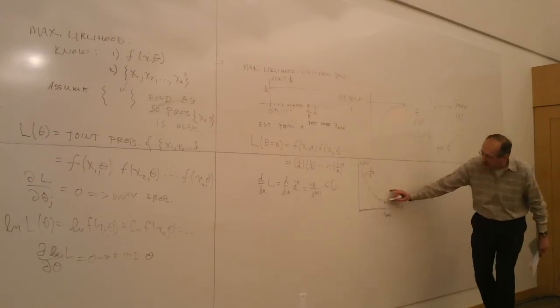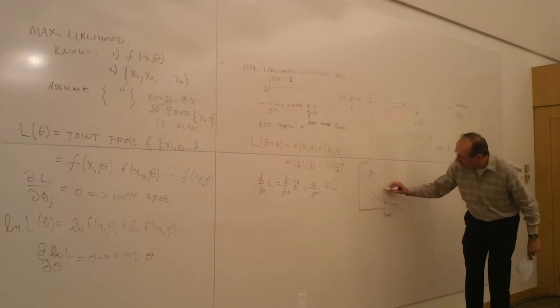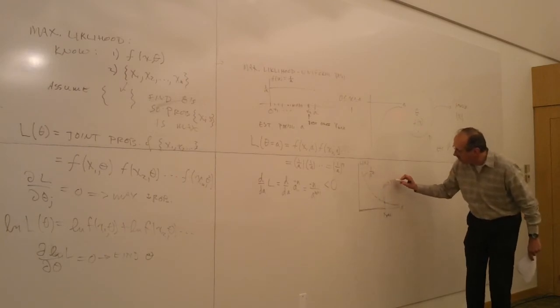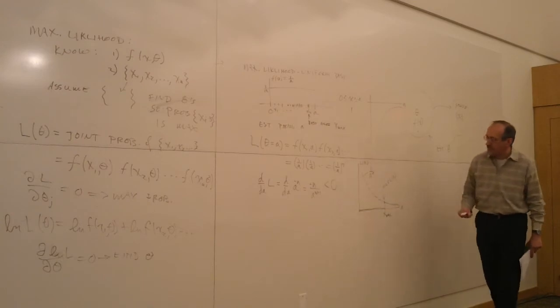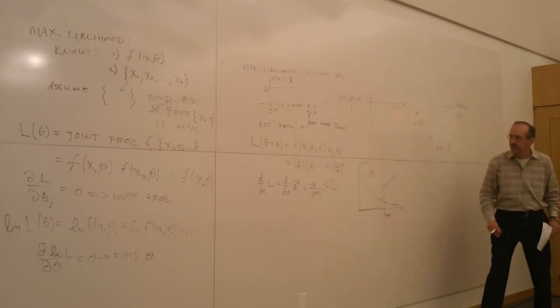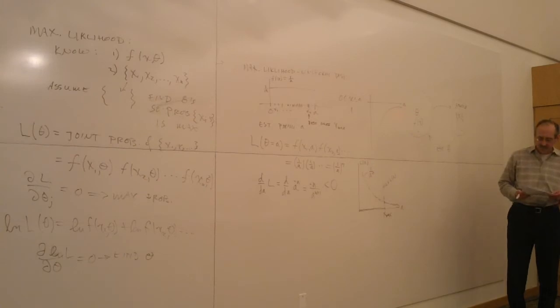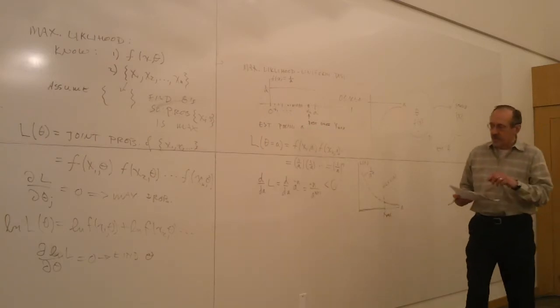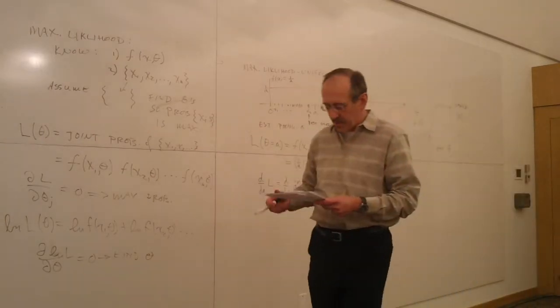This value right here. The maximum value for the likelihood occurs at the largest sample value. So now let's go back to our problem here.